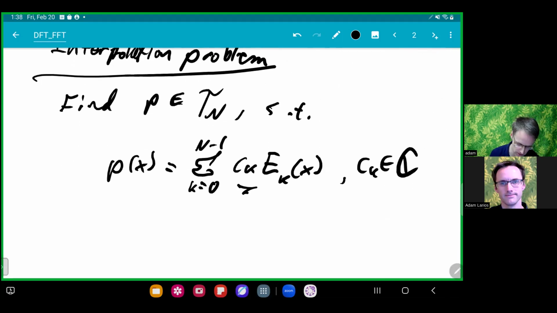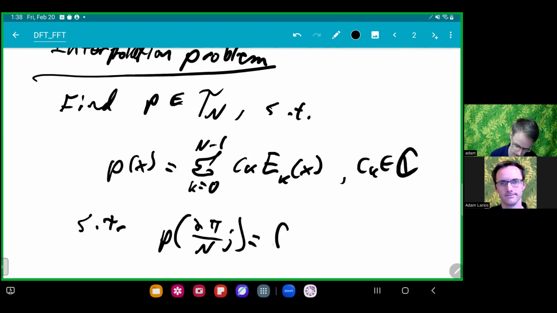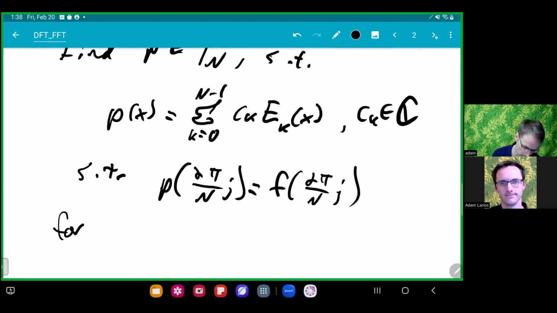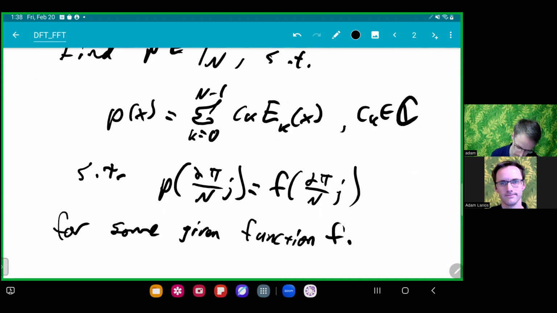Right, so the goal is to find these c_k's such that P of 2 pi over n j is equal to f at 2 pi over n j for some given function f.